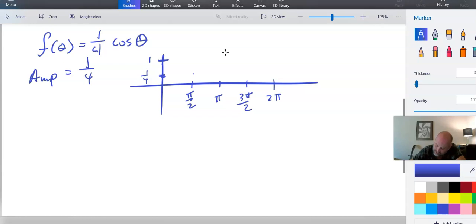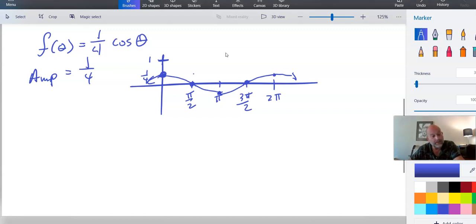So if this is cosine, I start here at 1/4, go down to here, down to negative 1/4, up again, and so we have this really shallow curve this time. It just kind of flattens it out. And it's true for sine or cosine. Whatever it happens to be, all the things that used to be ones turn into whatever your amplitude is.